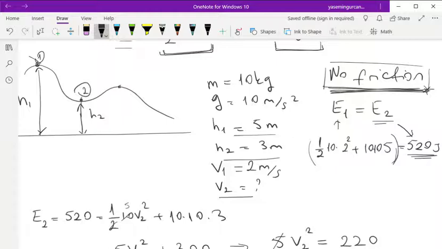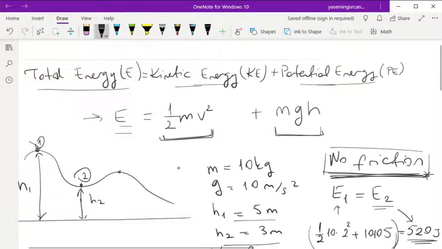I know that if there is no friction, while the object is moving from point 1 to point 2, it's changing its kinetic energy along with its potential energy. As you can see, the height is getting less, so the potential energy is going to be less. Potential energy becoming less means the kinetic energy is going to become higher, which also makes sense because it's going to get accelerated from point 1 to point 2.